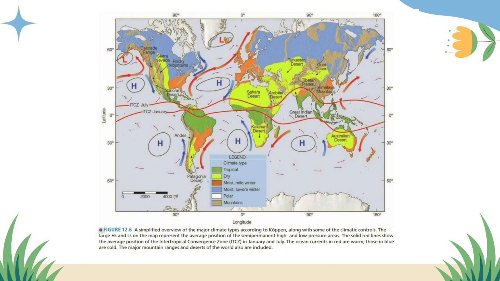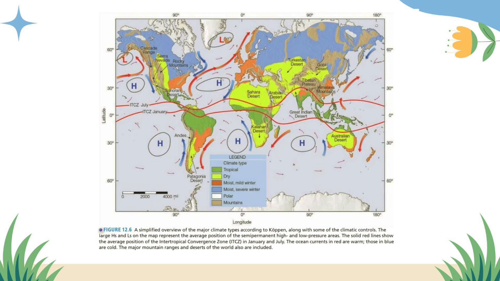So, the red dashed lines show how the ITCZ shifts north and south between January and July, while the letters H and L are pressure zones that indicate areas of stable weather and stormy or rainy conditions. So in other words, the H represents a stable area, stable weather in a certain area, while the L represents stormy or rainy conditions.